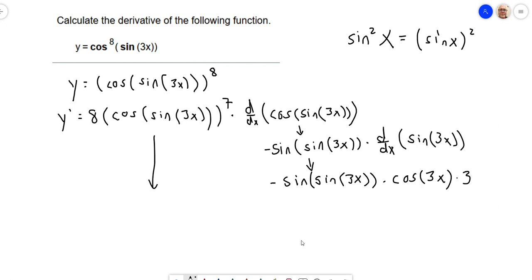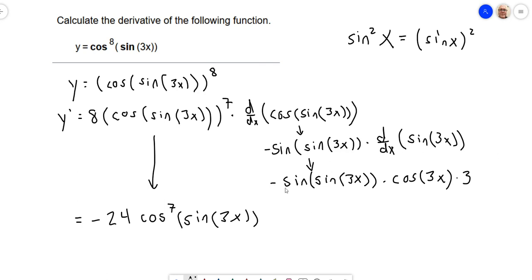So it looks like I've got a 3, a negative, and an 8 that I can combine to a negative 24 times the cosine, actually I can leave that part off now and put that 7 back in there, so that's going to be times the cosine to the 7th of the sine of 3x times this.